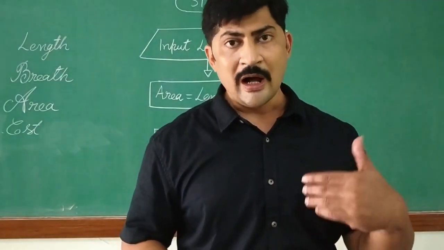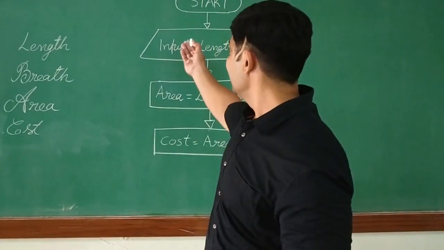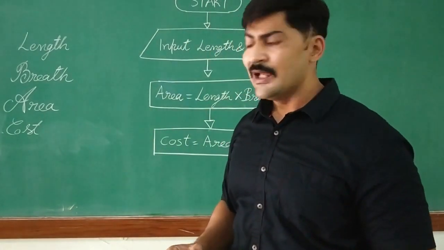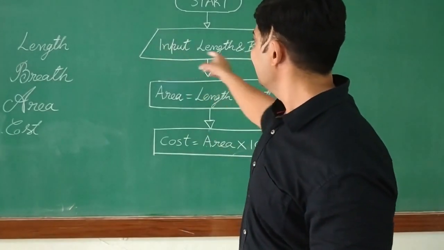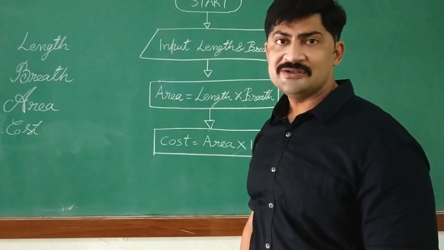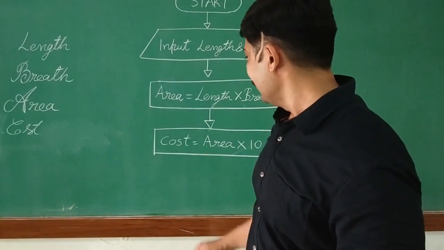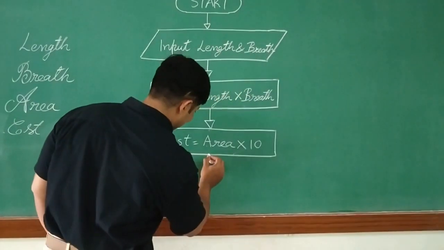Now we have to output. As we have taken the input, same way we have to give the output. And for output, the same symbol, that is parallelogram, is used. So here I will write print area.